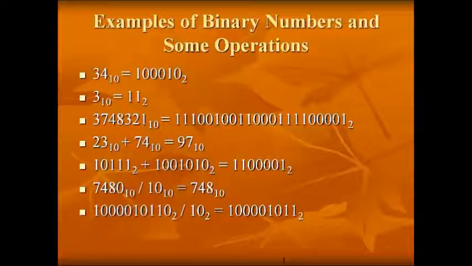So these are the examples of binary, and we have hexadecimal here. I think we're going to discuss the computation of binary in the next meeting, since the topic today is about introduction.